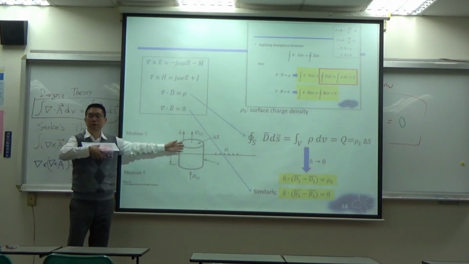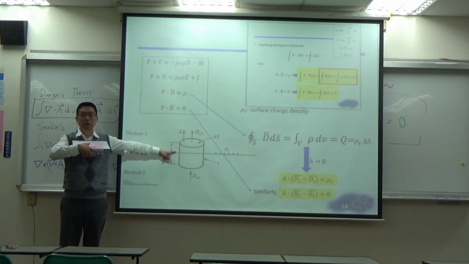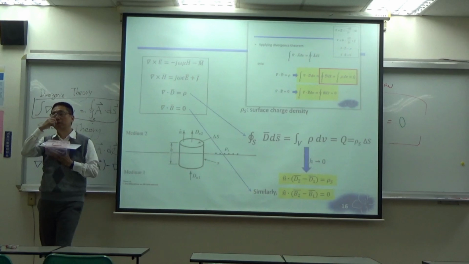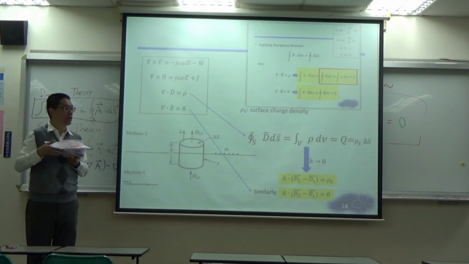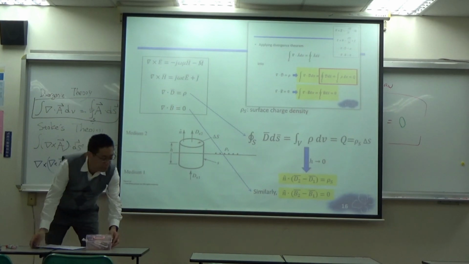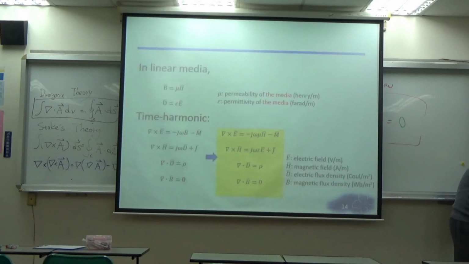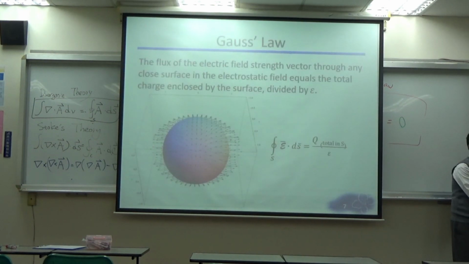You can see that there's a cylinder. Just a cylinder. Don't understand? Maybe I need to explain in Chinese. Before we understand this one, we should know Gauss's law. Let's review a little bit about Gauss's law. Let's see the equation of Gauss's law.